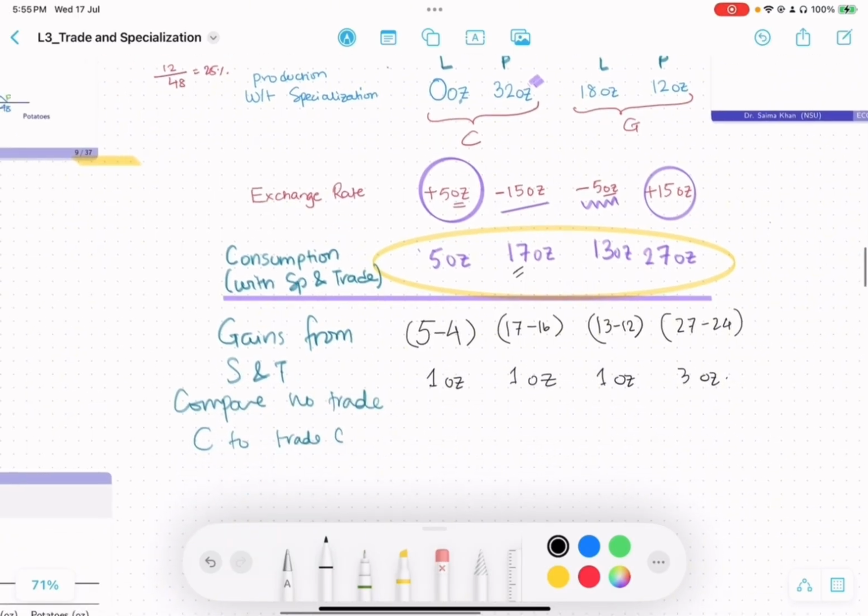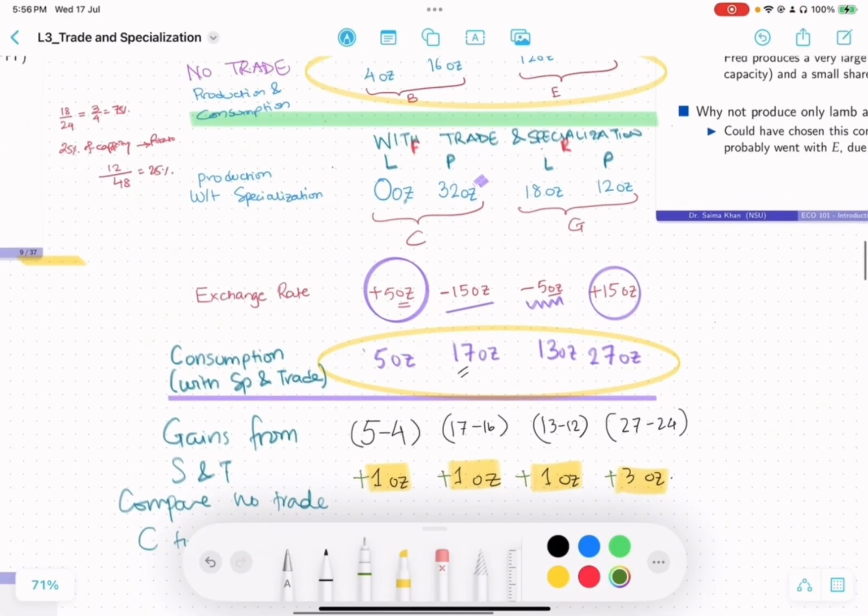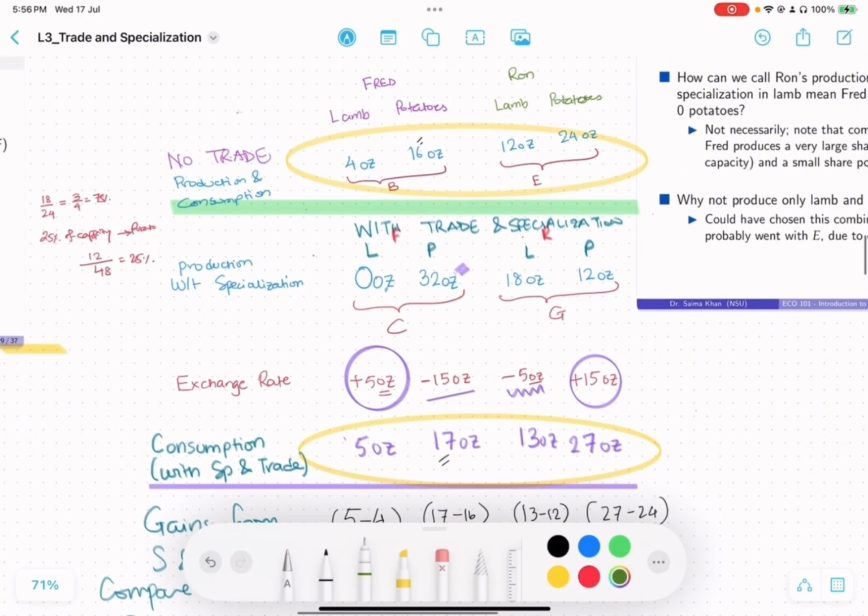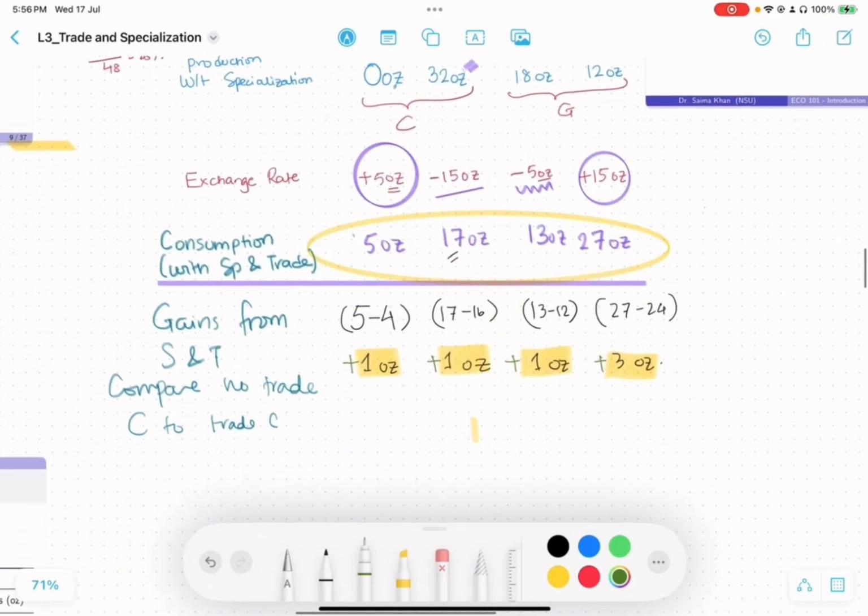What are we seeing? We are seeing that in every single case, there's a gain. There's a positive, there's a gain, right? There's like a plus sign in the front. So actually, if they decided to just produce by themselves and not exchange with each other, then they're consuming less combination of these goods than if they decided to specialize, like produce only one of the goods and then trade amongst each other.